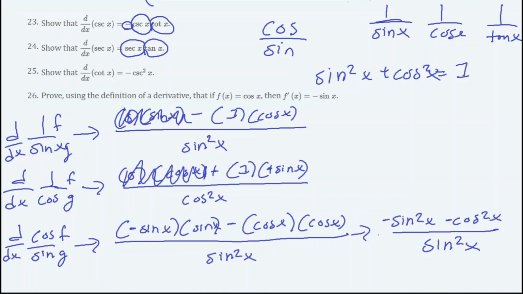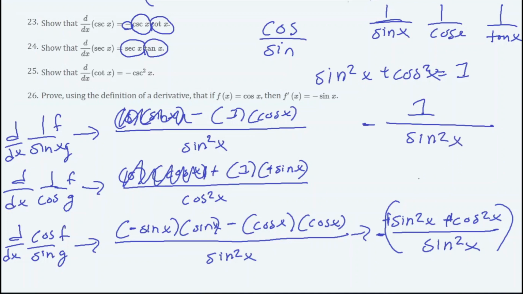If we factor out the negative, we're going to have plus, and then we put sine squared plus cosine squared x in parentheses on the top. What does that mean? That means that the top is equal to 1. So if we rewrite it, we're going to have 1 over sine squared x.